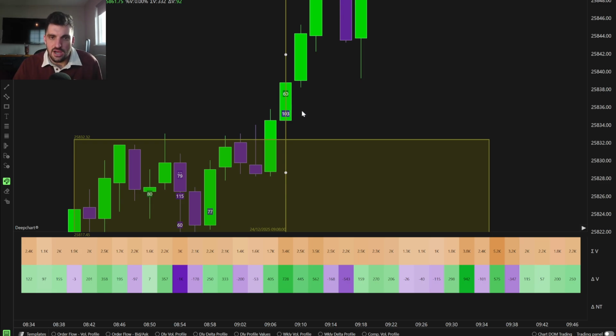All right, an additional confluence in this candle is that we can see that there is a large aggressive seller, 103, that just gets completely absorbed, and then we get an aggressive buyer that is getting rewarded.